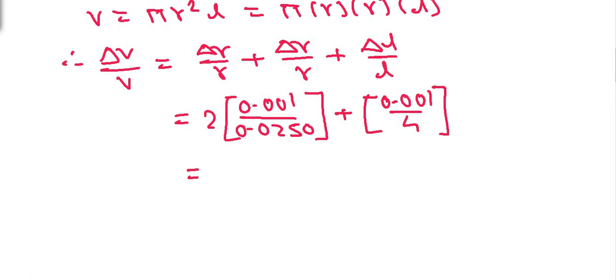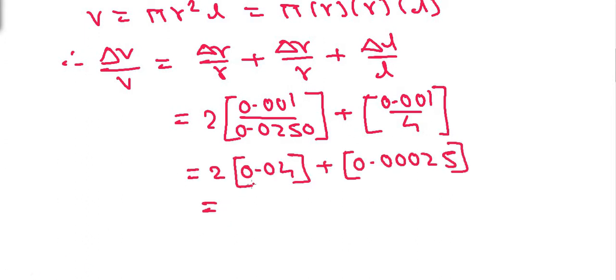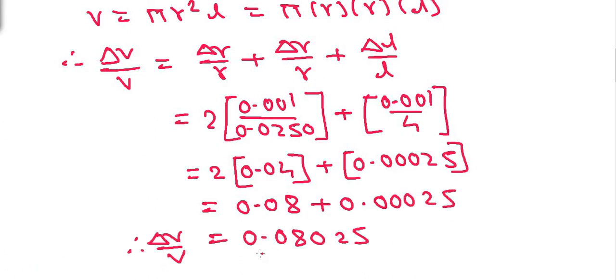That is equal to 2 into 0.04 plus 0.00025. So that we can write as 0.08 multiply inside by 2 plus 0.00025. That is equal to 0.08025. This is relative error in the measurement of volume.